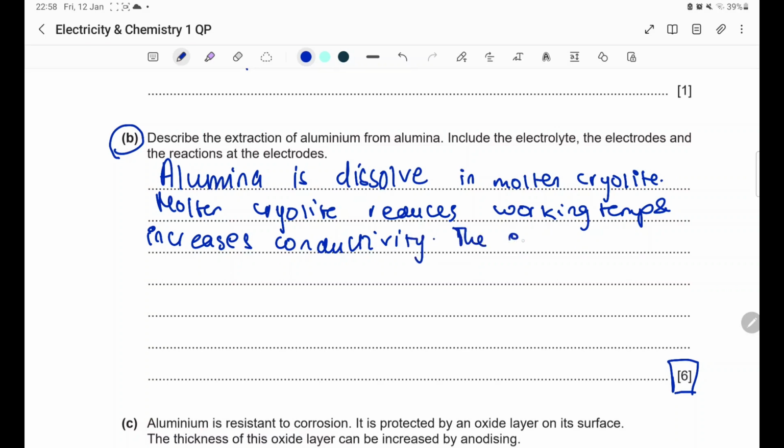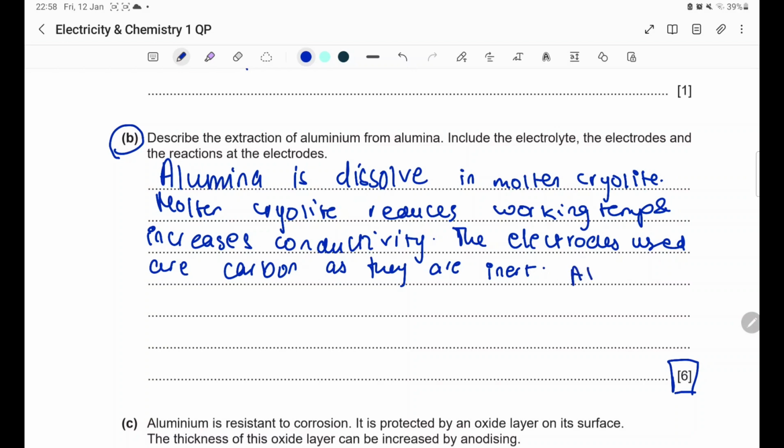The electrodes used are carbon as they're inert. Aluminium will be formed at cathode. Guys, remember aluminium is 3+. This is a positive ion, so it'll go to the negative electrode because opposites attract.